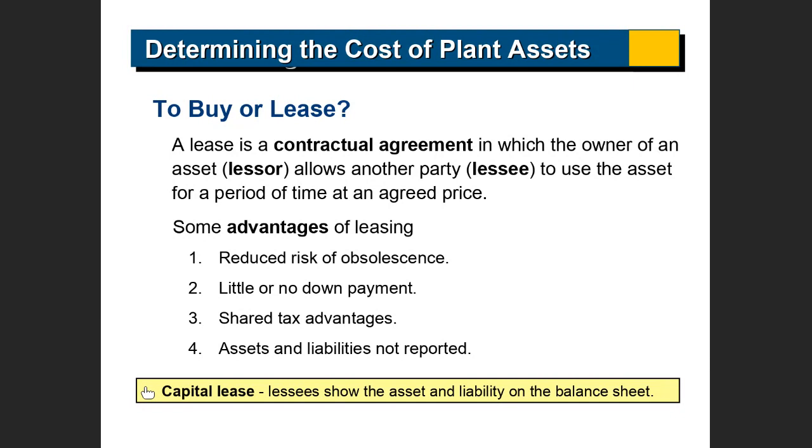You don't have to remember what I'm saying right now, but I will just tell you what makes a lease a capital lease. When is it considered a capital lease? One of those conditions is the lease payments that you're making every month.